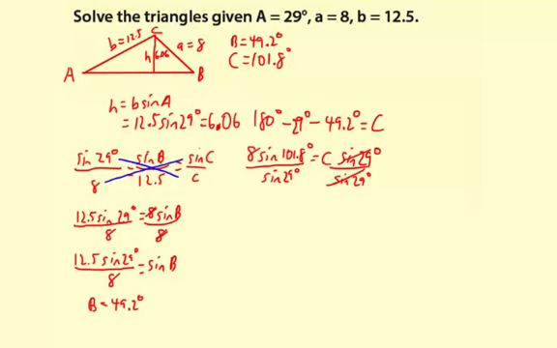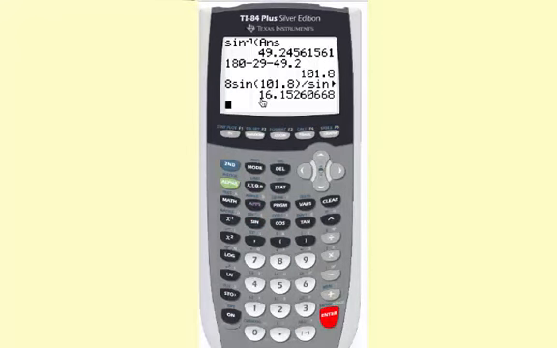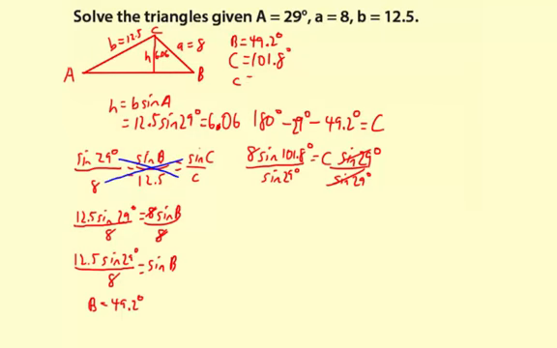So side C is going to equal this calculation here. So let's take a look. 8 times the sine of 101.8 divided by sine of 29 degrees. 16.15, I'll just say 16.2. Okay, so this part here is for the first triangle.